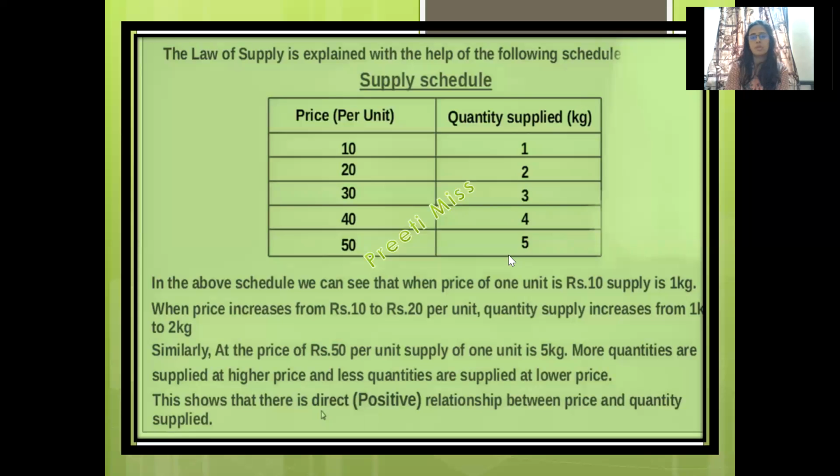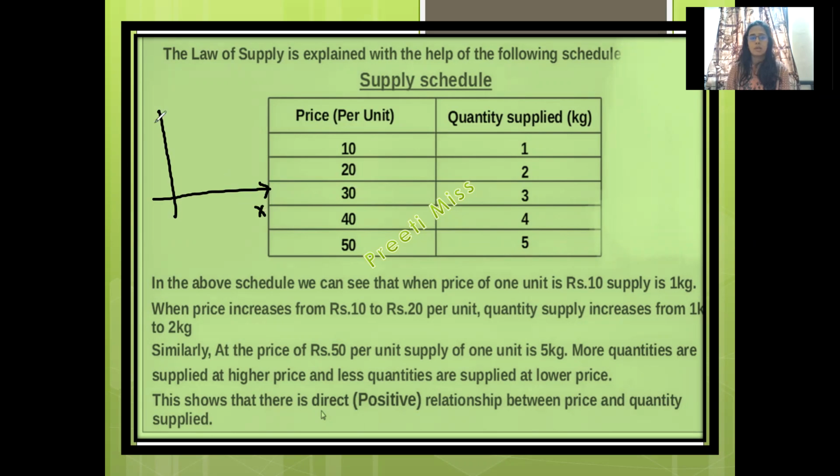On the basis of this, we are going to draw the diagram. Now students, remember one thing: whatever schedule you have assumed, for example here I have assumed price as 10 rupees, 20 rupees, the same graph I'm going to draw based on this schedule only.